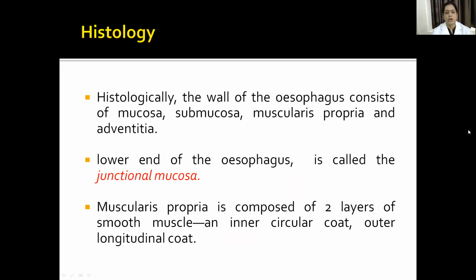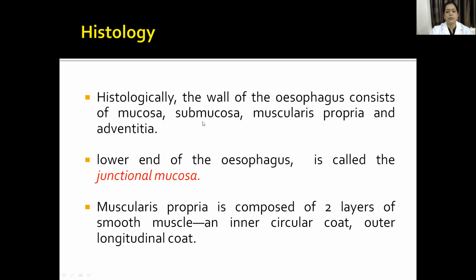And coming to the histology, as you know, there will be an epithelium, that's the mucosa, the submucosa, the muscularis propria, and the adventitia. Unlike the other organs which are lined by a serosal layer also, here we will not find the serosal layer.